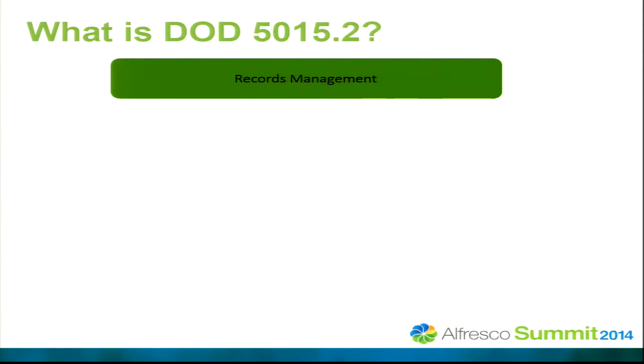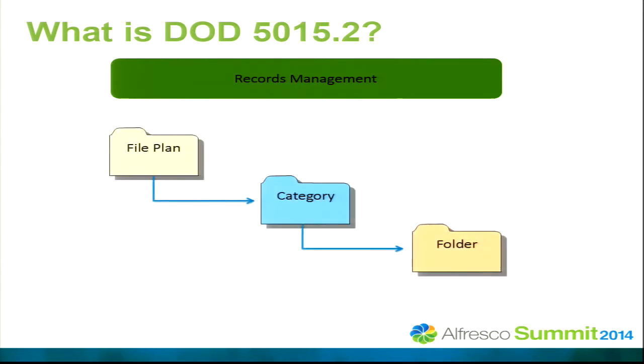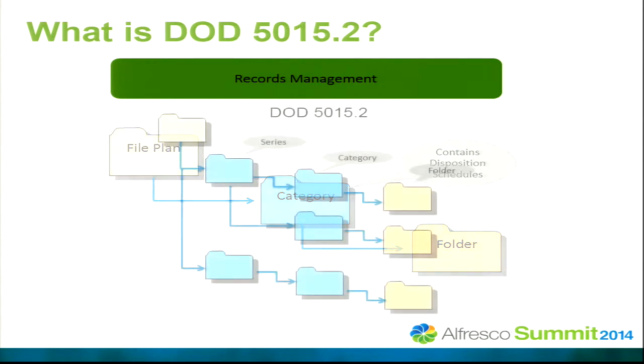So I said we're DoD 5015.2 certified. So what does that mean, really? Well, there are 3 layers of a file plan when you set up records management. There's categories and folders, and what's called a series at the top. Categories can contain disposition schedules, so that's where you set up the stuff that you want to use.